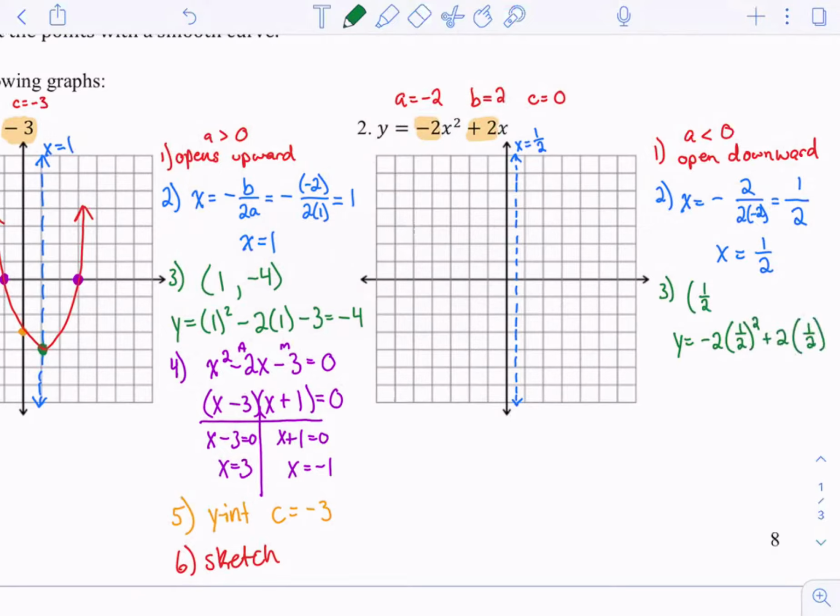So here when I want to plug this in, 1/2 squared is 1/4. 1/4 times -2 is -1/2. And then plus 1 would give me 1/2. So (1/2, 1/2) is my turning point.